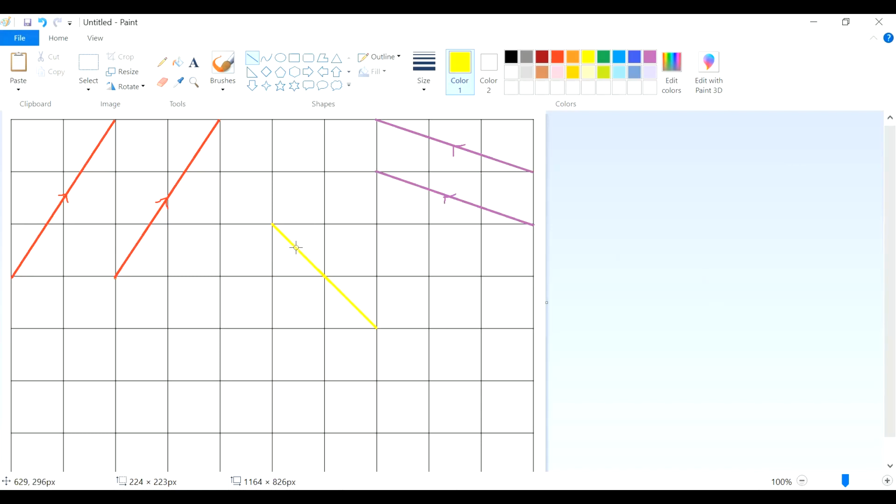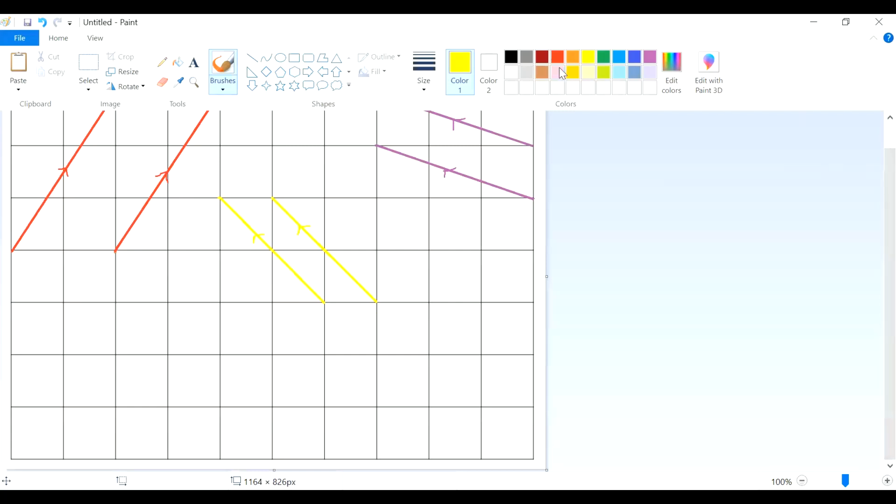Okay, now I will choose to move to the side by 1 square. So if I move to the side by 1 square, this one will end up here. This one will end up here. And I can join it together. Okay, then I'll draw the arrows.